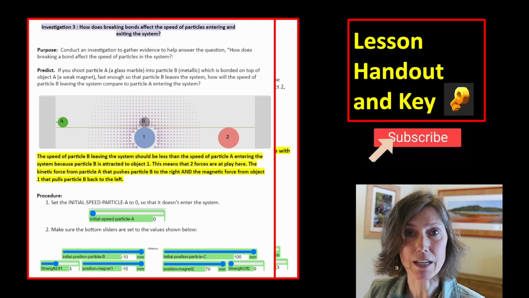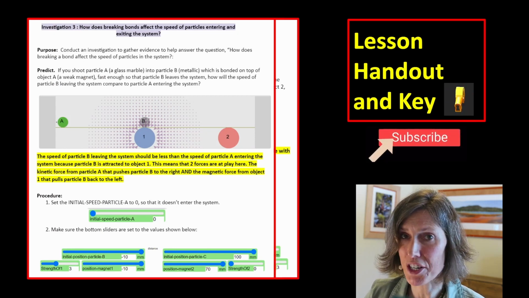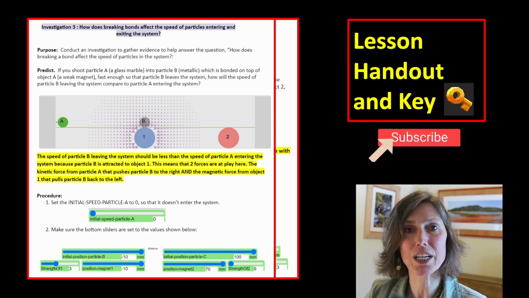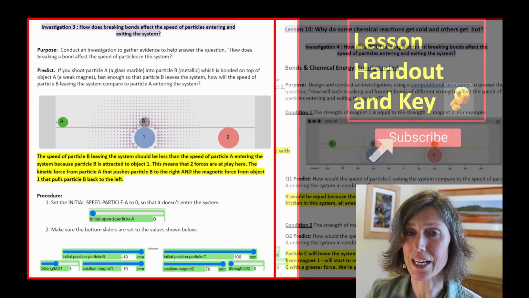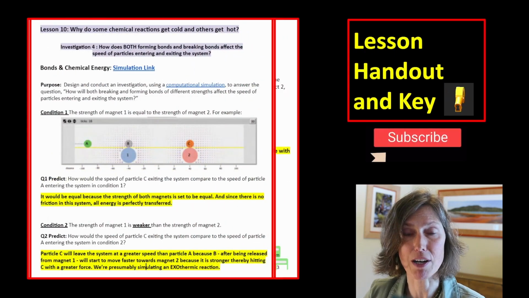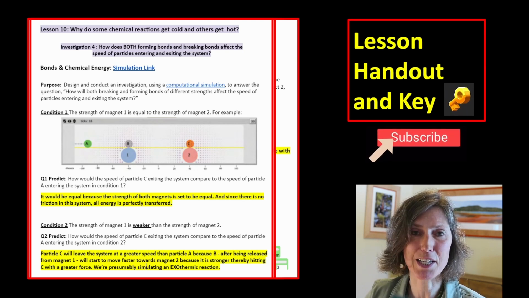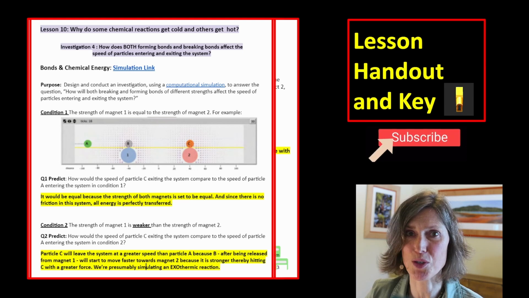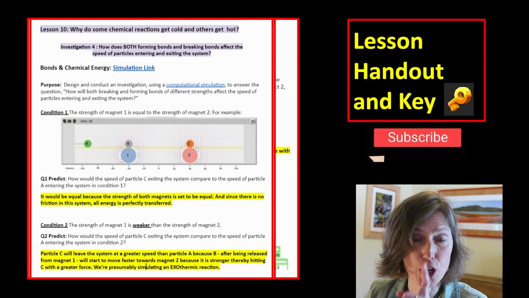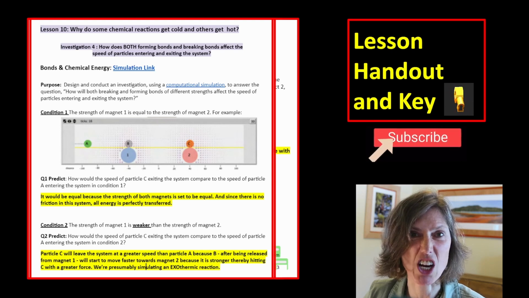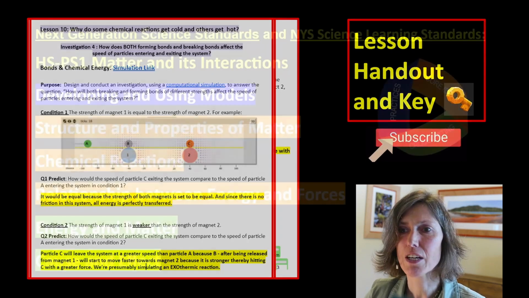The culminating investigation is actually the one that I showed you, where you're putting together the breaking and making of bonds into the simulation. So I haven't quite completed that key yet, because I'm literally just doing that lesson right now with my students. So shh, don't tell that it's already on YouTube, okay?